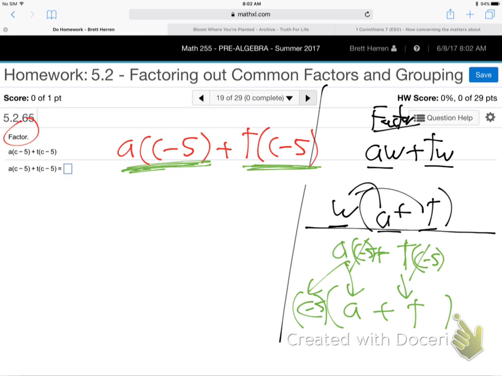What do they both have? Yeah, they both have a parenthesis C minus 5, don't they? So you put parenthesis C minus 5 in the front, because that's what's in common.